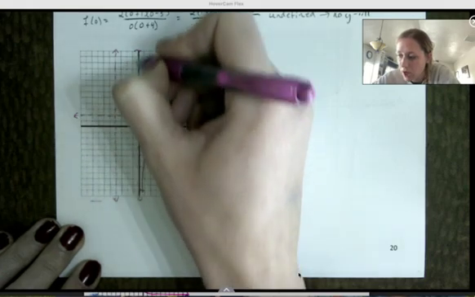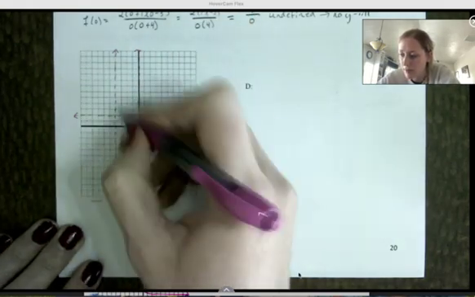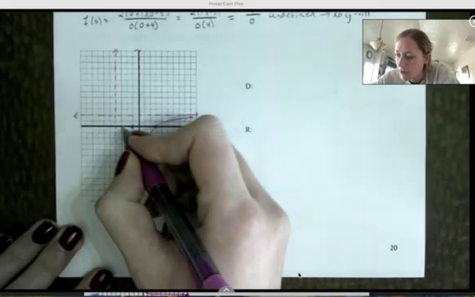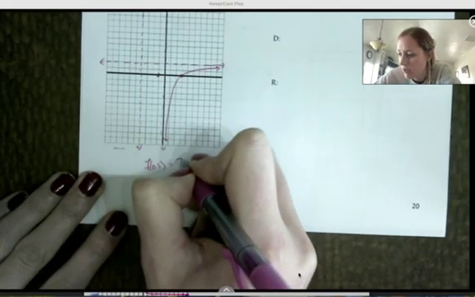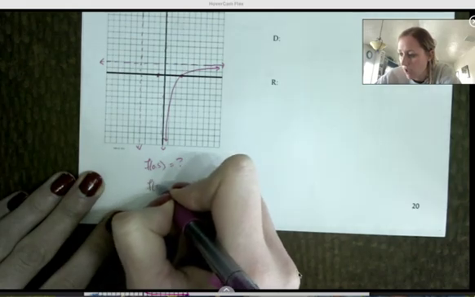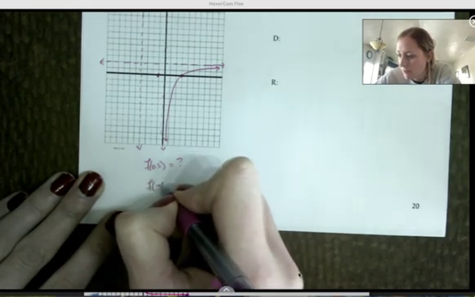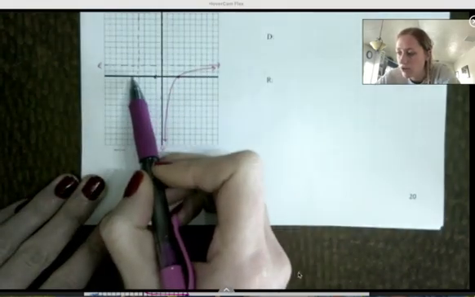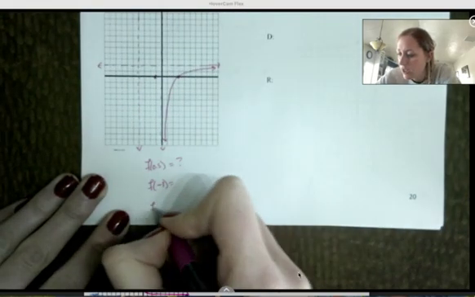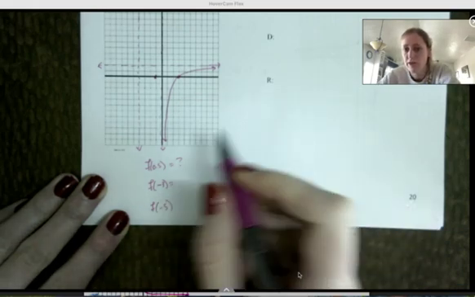Is it going up or is it going down? I'm not really sure. So I want to find f of 0.5, and I want to find f of -3. I also want to know what it's doing on this left side. So this is -4, so I'm just going to pick -5.